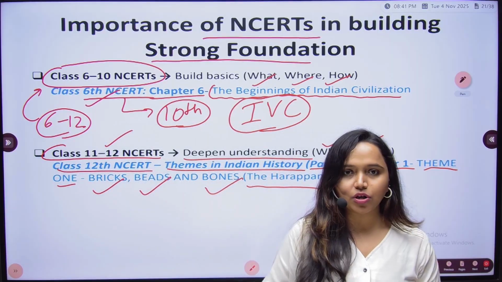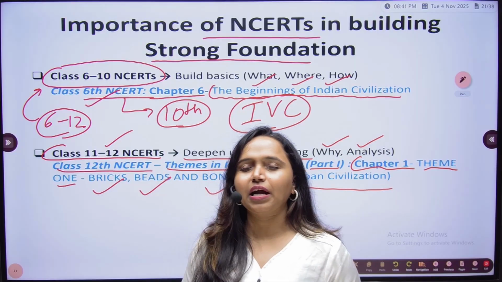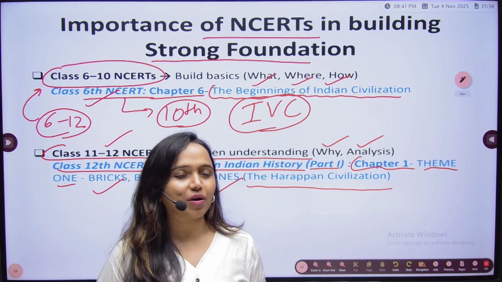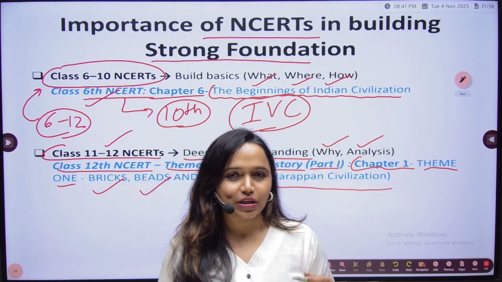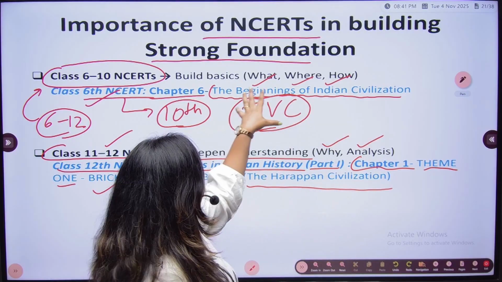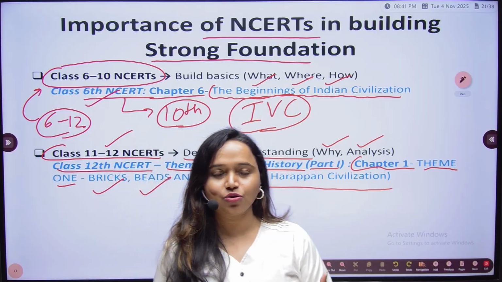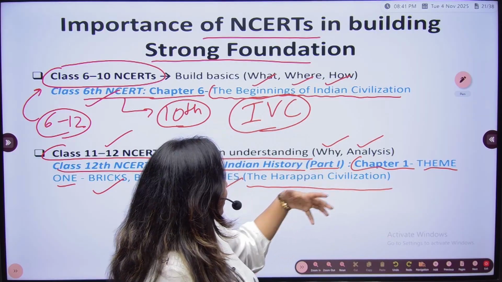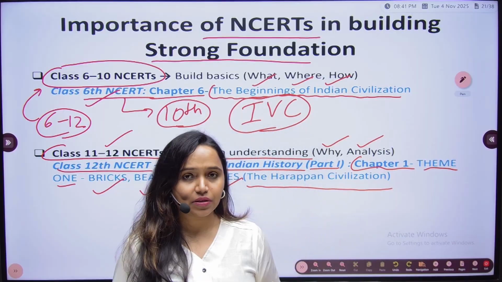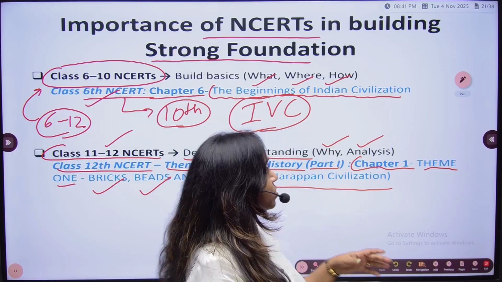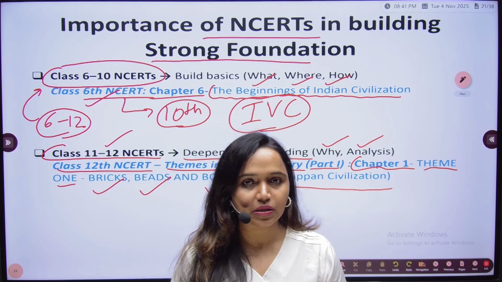So you are getting what is the difference when you see just the names of these chapters. This is the beginnings of Indian civilization. Don't you think that the name of the chapter in itself tells you that this is trying to tell you something about the Indian civilization, that is Indus Valley civilization, in a very basic manner, because the name is the beginnings of Indian civilization.